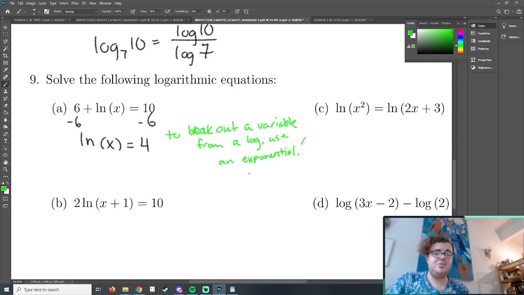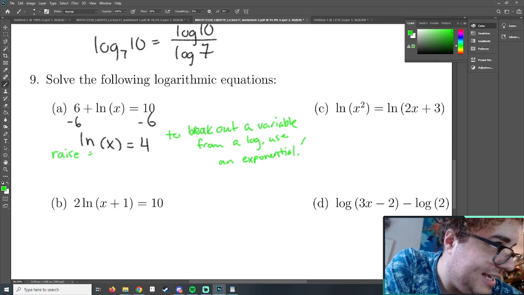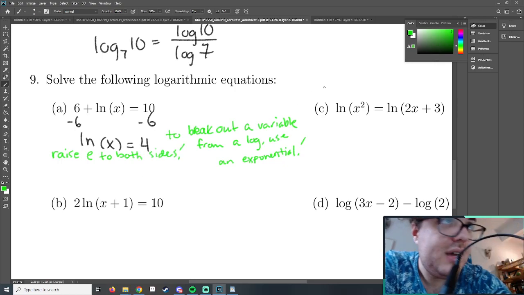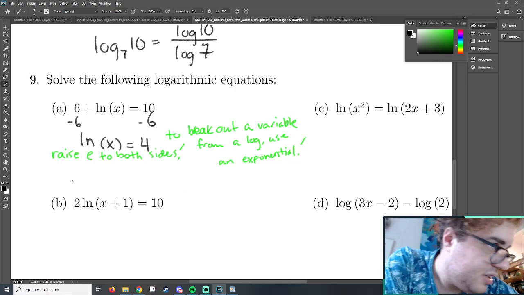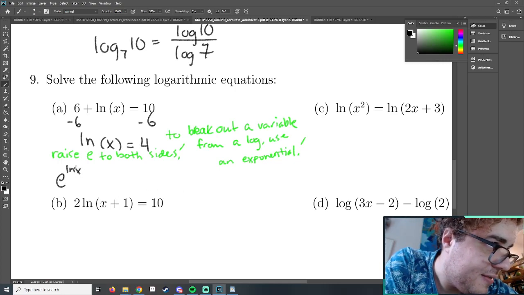We are going to raise e to both sides. What I mean is, we're going to go e to the ln x equals e to the 4th.